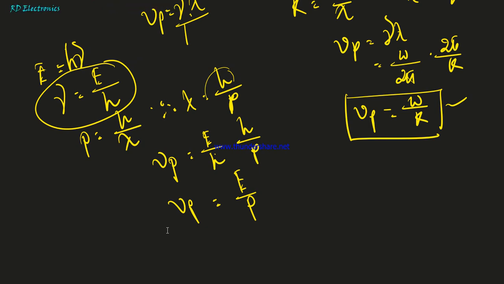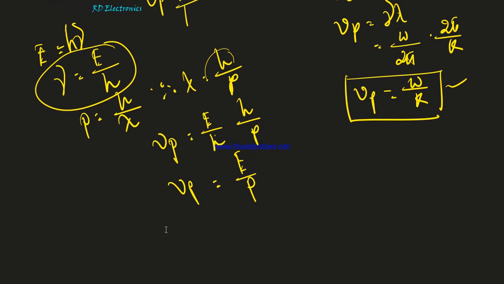So now we discuss whether the de-Broglie phase velocity exceeds the velocity of light. First, the non-relativistic case, for a particle of mass m moving with a velocity v, the total energy is E equals mc², and momentum p equals m into v.